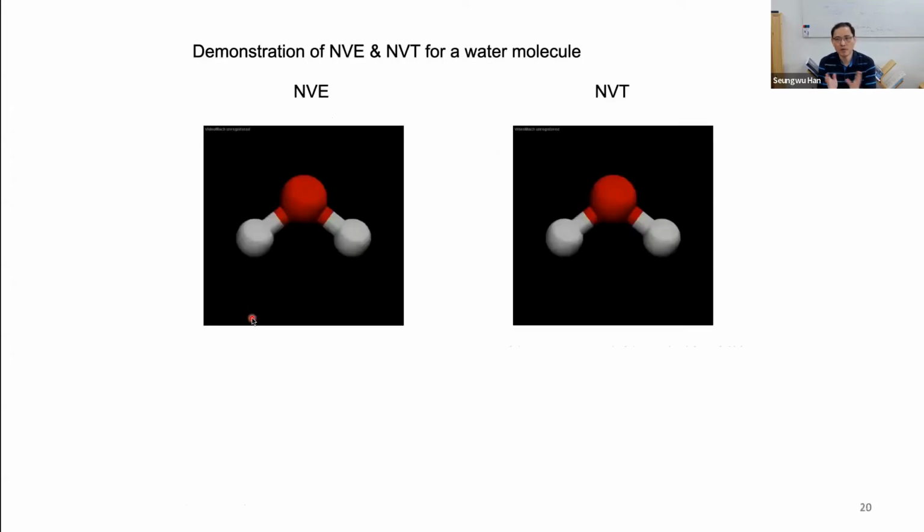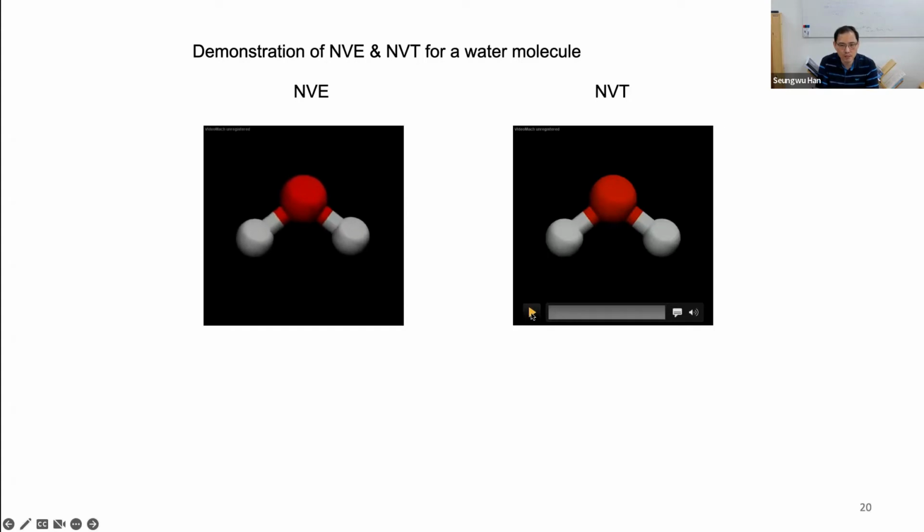So I will show you an example of the NVE and the NVT ensemble simulation with the example of the water molecule. The left is the NVE ensemble, and you can see the periodic and regular vibration of the water molecule. The energy is conserved, so it is a closed system.